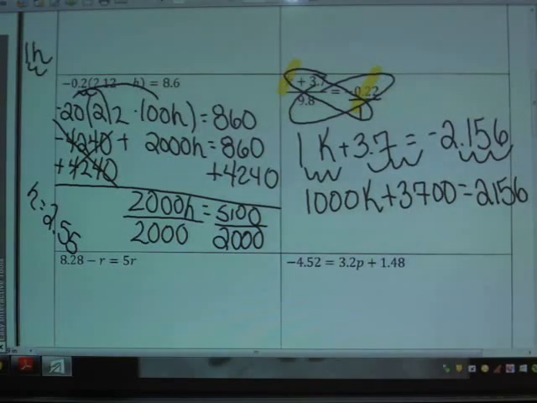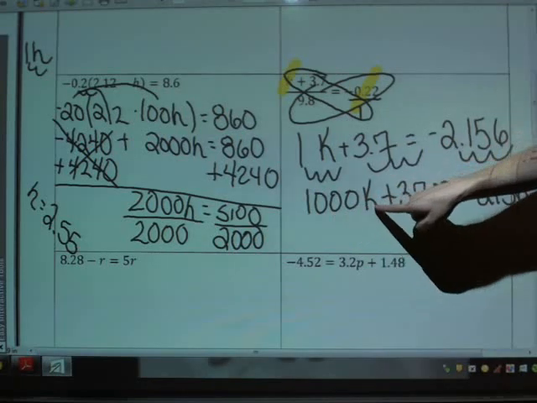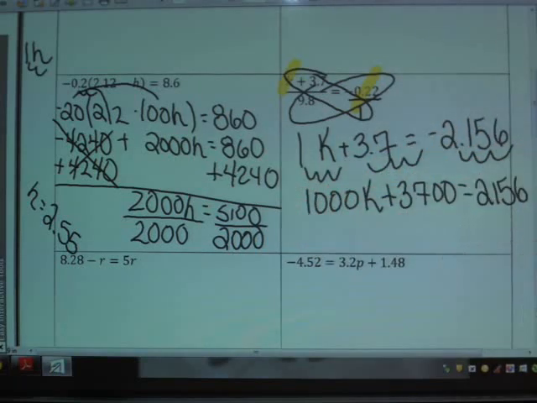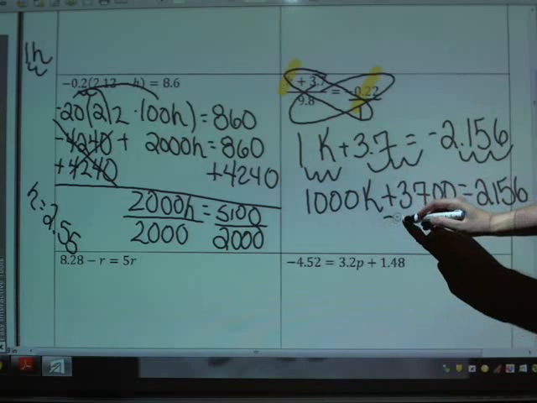So, now we look at this and we say k is still in the correct spot. It was on the left in the beginning. It's still there. And 2156, my number, is on the right side. That's good. Of looking at the two things that are wrong, the 1,000 and the 3,700, we know that the thing that's directly connected to the variable, as you can see I'm highlighting 1,000 there, is going to move last. So 3,700 moves first.